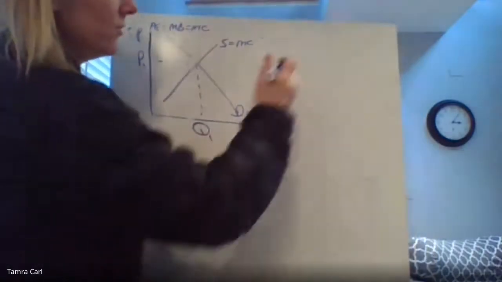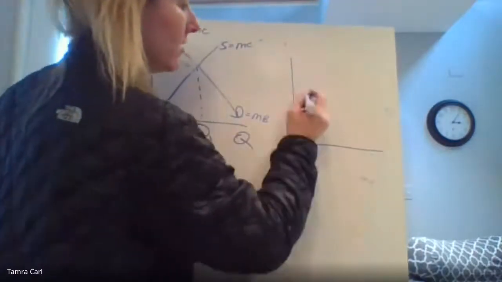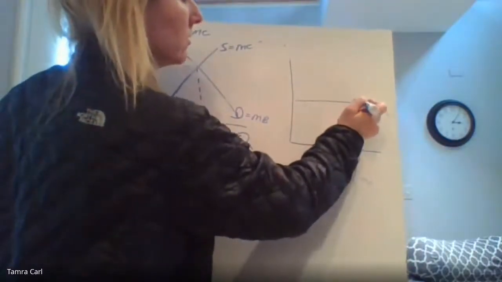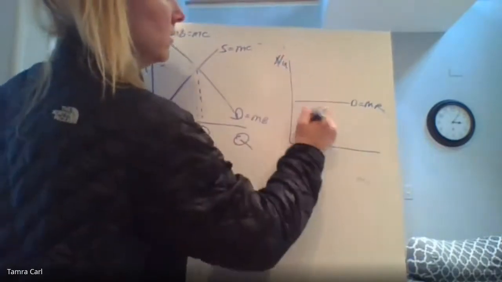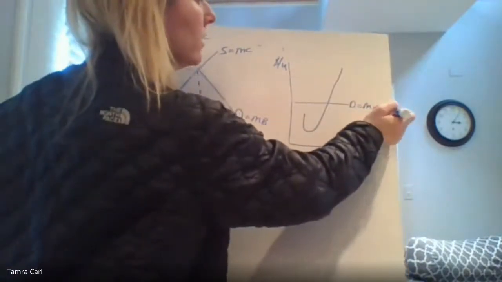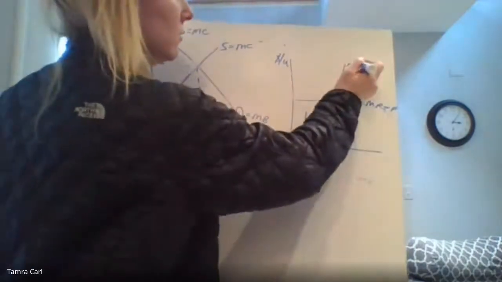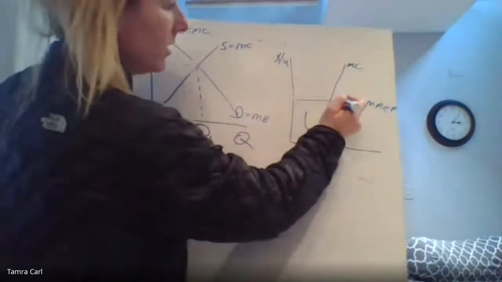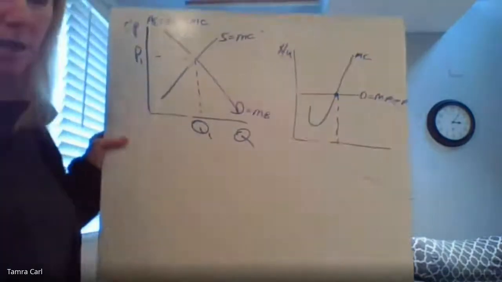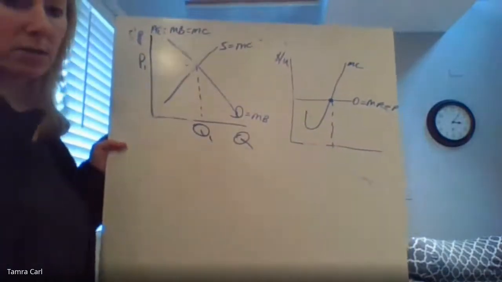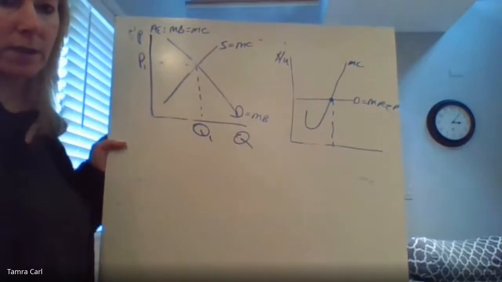A perfectly competitive firm is always allocatively efficient. They always have it where demand and price equal marginal cost, because that's where they always produce. Why? Because they're price takers. They have no control over the market, so they have to take the price from the industry.